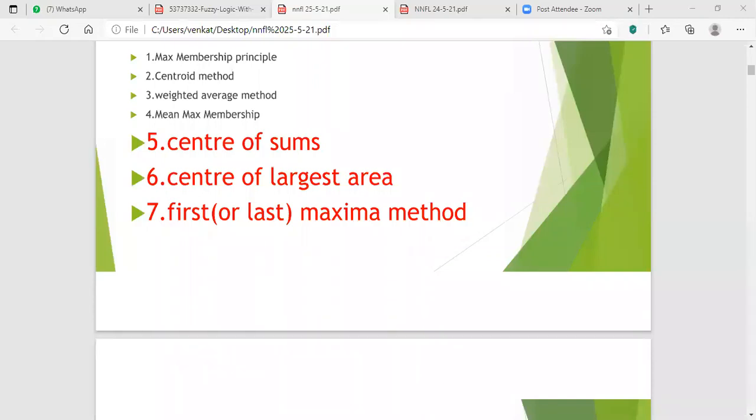So the remaining part is the decision making system. Okay, suppose if you want to attend a party, you will be searching for good attire, good dress.